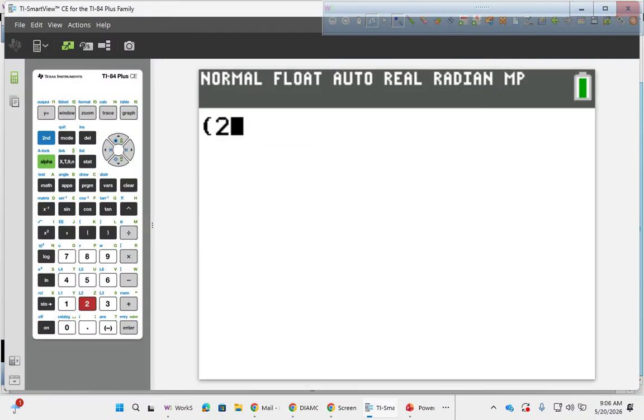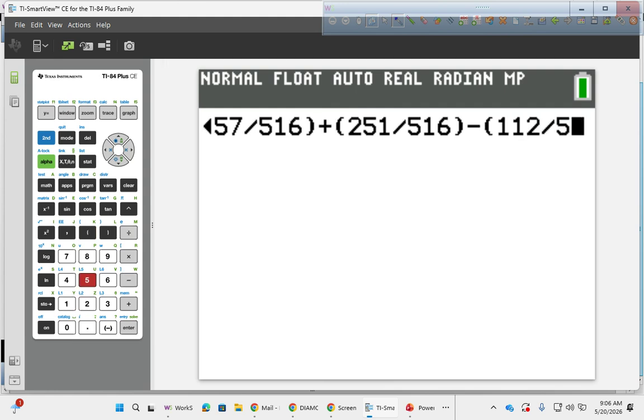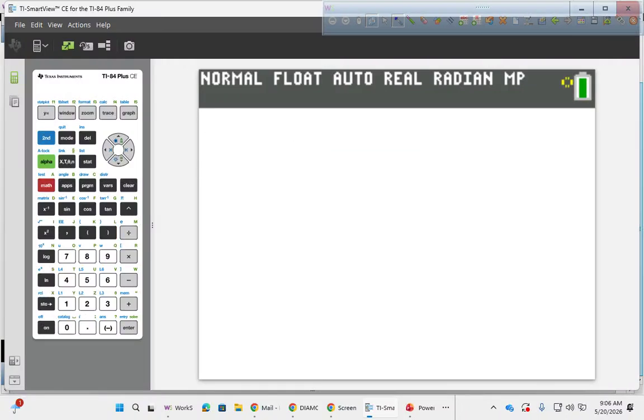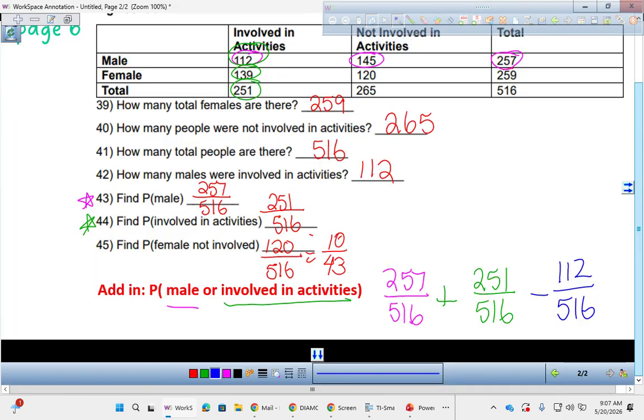So 257 over 516 plus 251 over 516 minus the overlap 112 over 516. Math, enter, enter. The calculator will do the hard stuff. We just have to know what to put in. So the answer to this one is 33 over 43, I think it was.